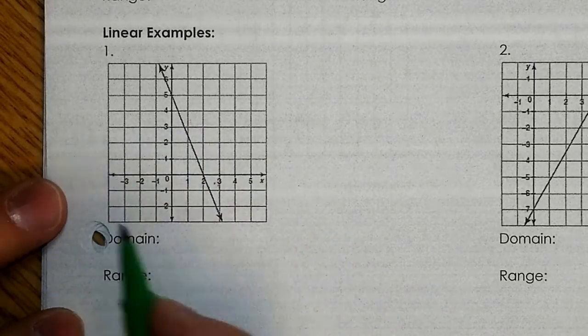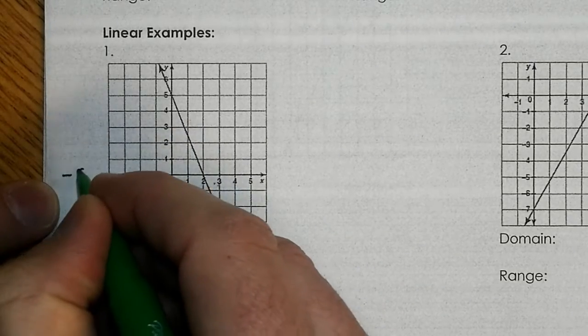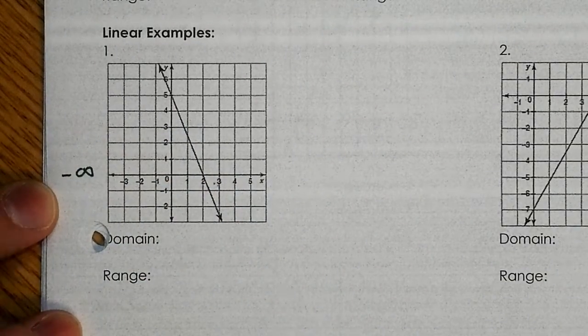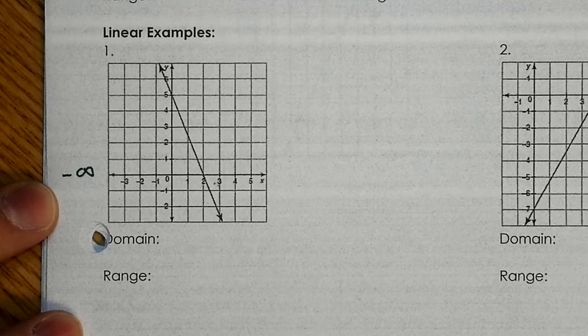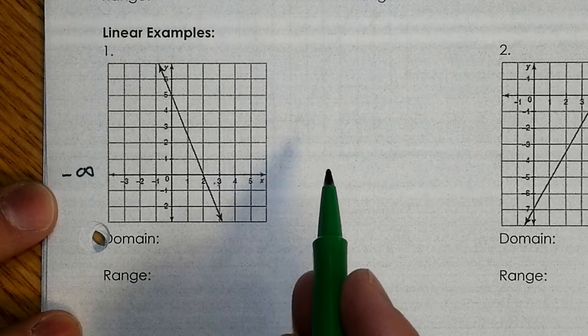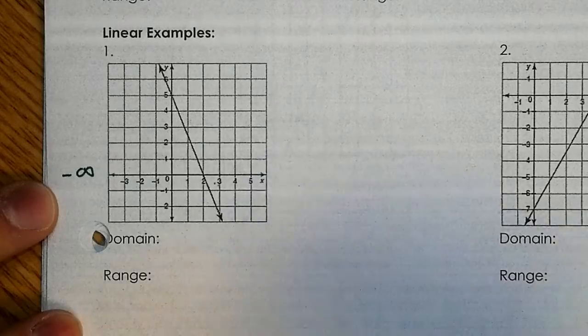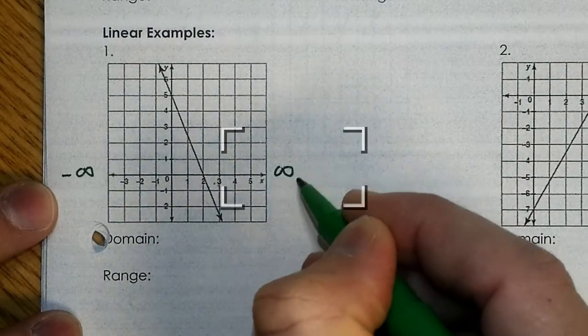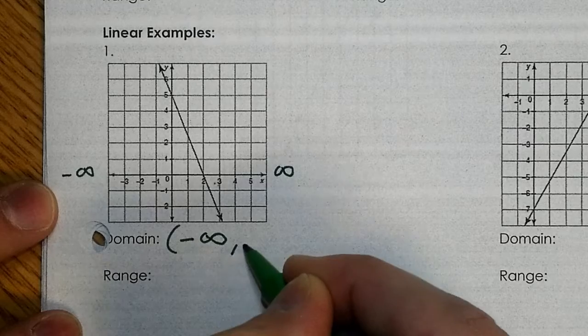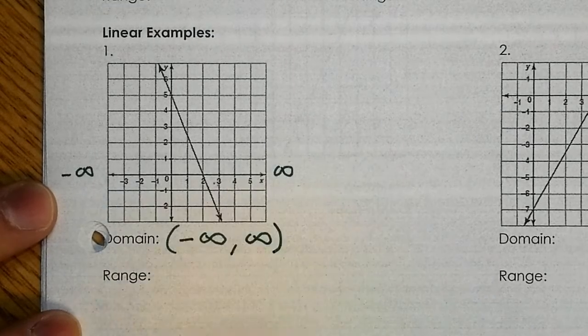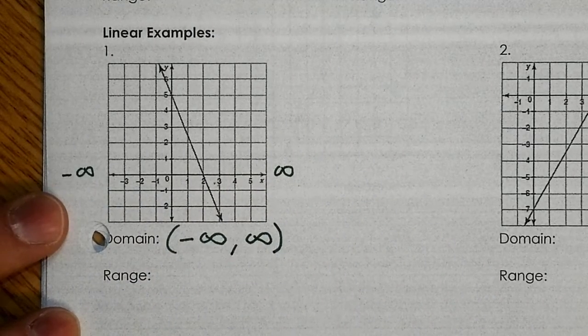So the left side means negative infinity. It never stops. It goes to negative infinity. What do you think the right side is? Positive infinity. So how we write this is negative infinity to positive infinity. That's how it's written.